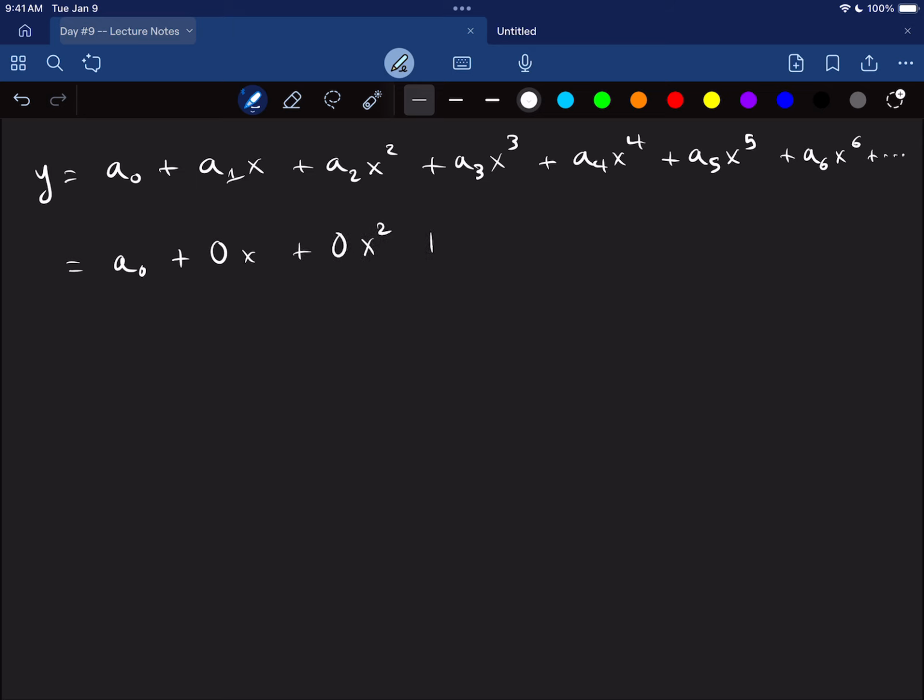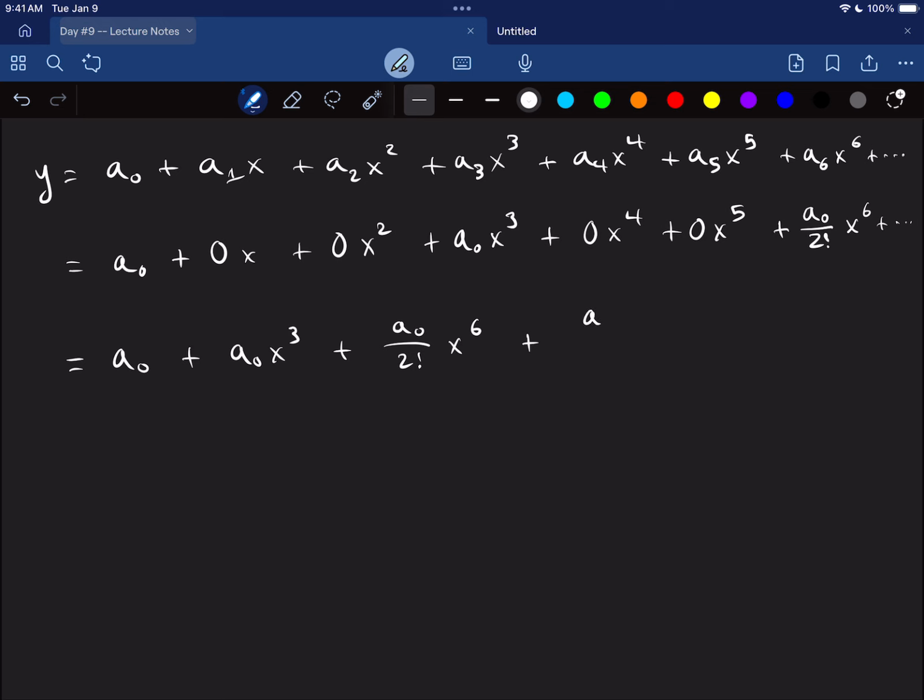I just have A naught plus A naught x cubed plus A naught over 2 factorial x to the 6th. Had I continued writing this out, we could include that x to the 9th term, which was A naught over 3 factorial. For good measure, we could go A naught over 4 factorial x to the 12th.